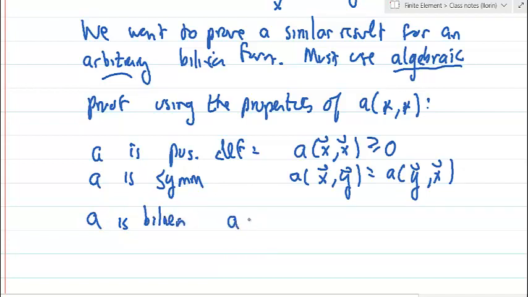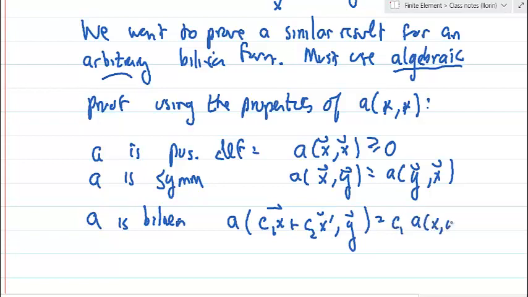So we have A(c1 x + c2 x', y) equals c1 A(x,y) plus c2 A(x',y).